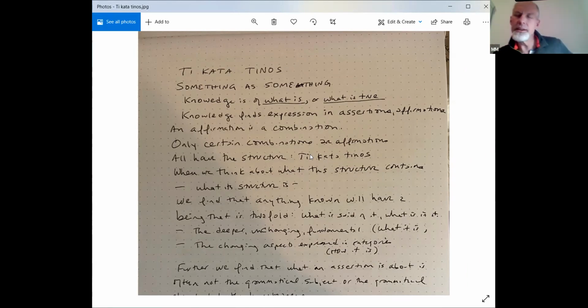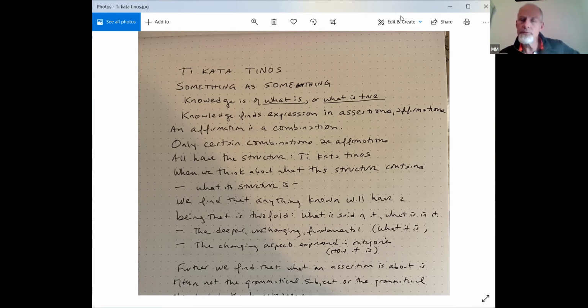So language gives us a way of thinking about what knowledge would be, because knowledge is about what's true, and what's true is what is. So we get being kind of through the back door here. And that's what's, I think, very perplexing for a lot of people who, in their first entry into metaphysics, expect that we're going to somehow talk immediately about the things that present themselves to our senses.